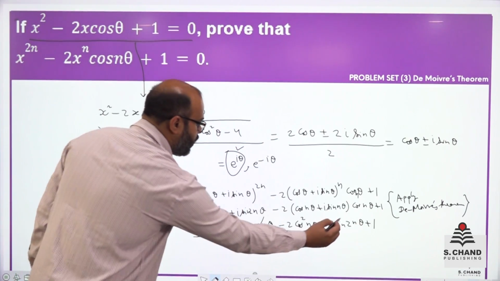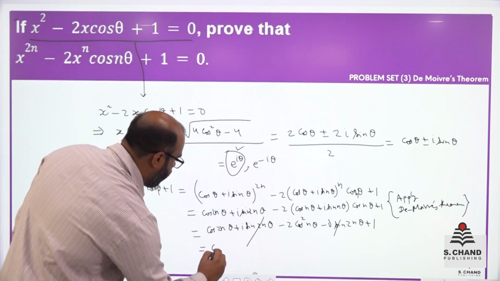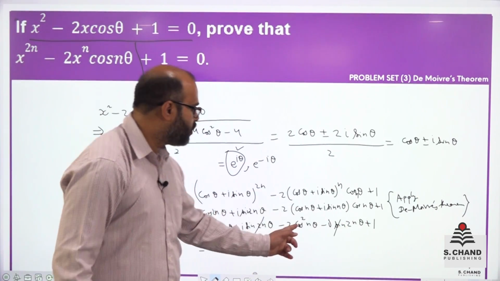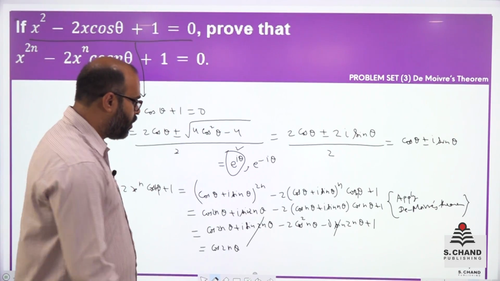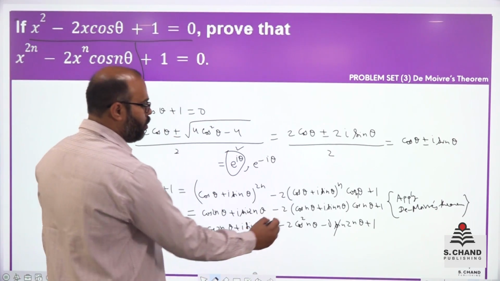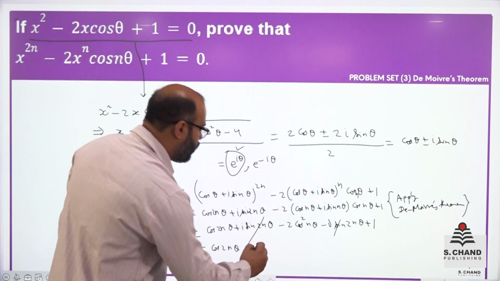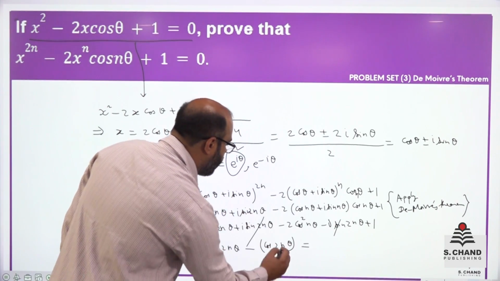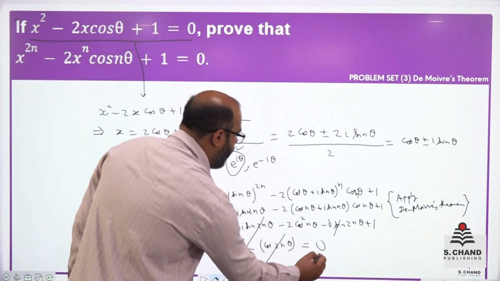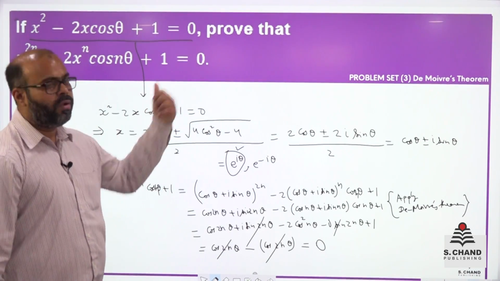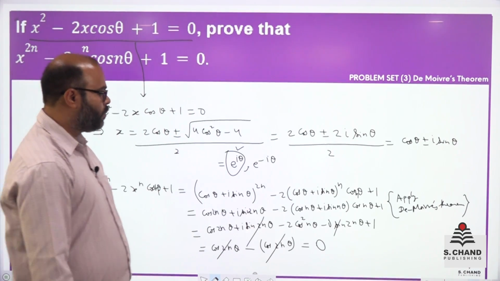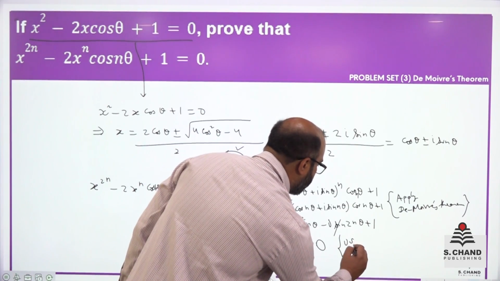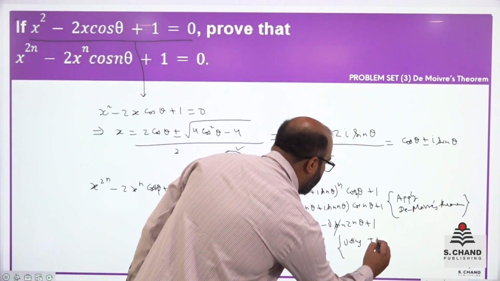So this will get cancelled. So this is cos 2n theta, and this is 1 minus 2 cos square n theta. If you take minus as common, 2 cos square n theta minus 1 is cos 2n theta. Trigonometric identity. This will also cancel and it will be equal to 0, which is what we wanted to find. You can say here using trigonometric identity.